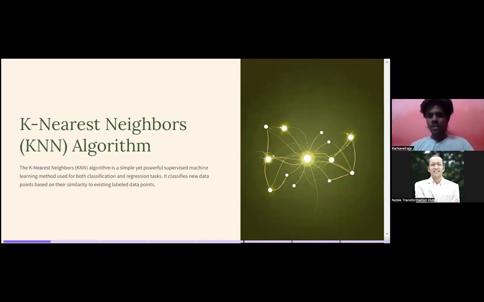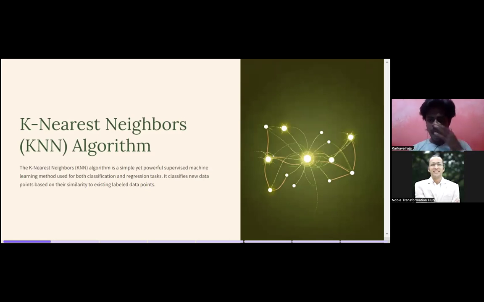Today is all about another algorithm in machine learning, that is KNN, the K nearest neighbors algorithm. K nearest neighbor is a simple yet powerful supervised learning method used for both classification and regression tasks. It classifies new data points based on their similarities to the existing labeled data points.